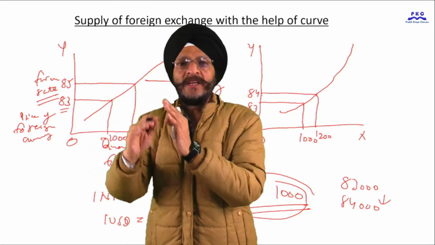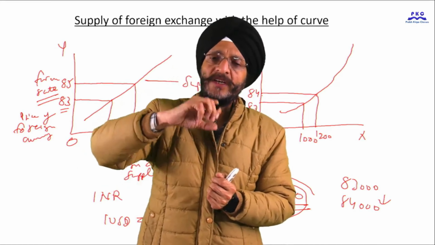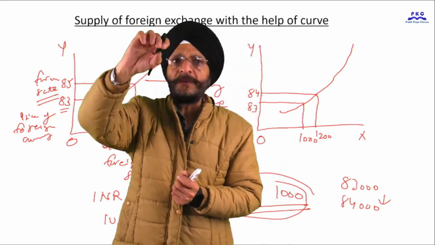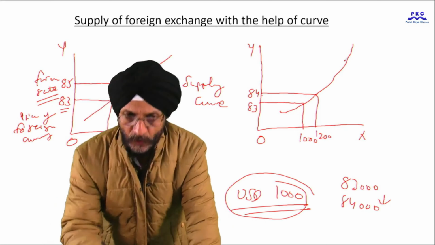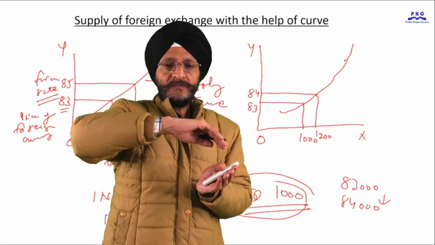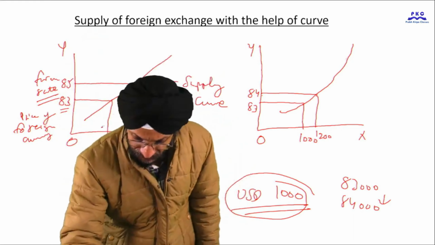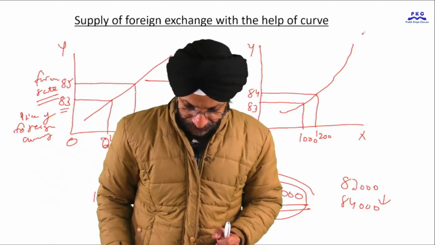It may not increase after a certain point, or there may even be a decrease. So though we normally take the supply curve as a straight line, in reality it is in the form of a curve.